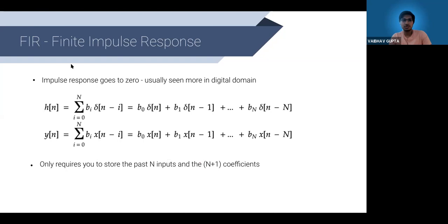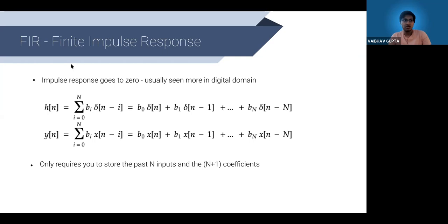Sweet. So that brings us to the finite impulse response, which is basically the idea that beyond a point, the impulse response is zero. What that means is if you have something that's capital N intervals or sampling points long, you can write that as a summation of delta functions, and you can get the impulse response, or rather an input response, as that same delta chain multiplied by those coefficients.